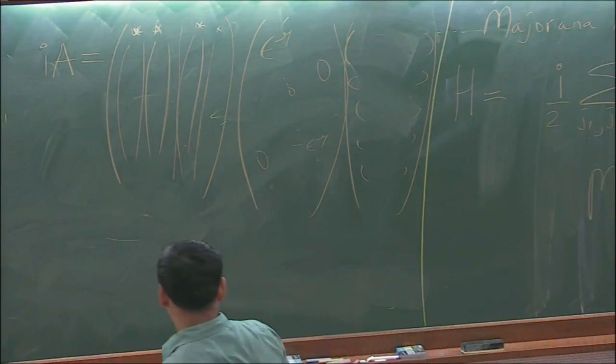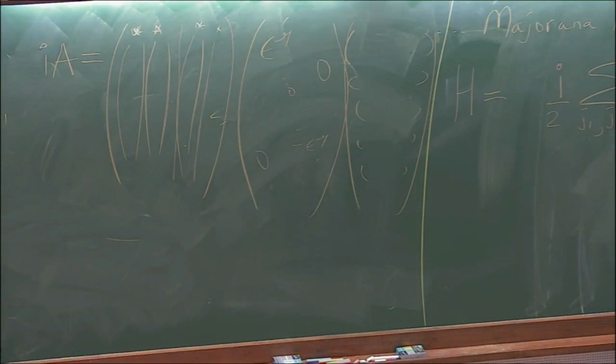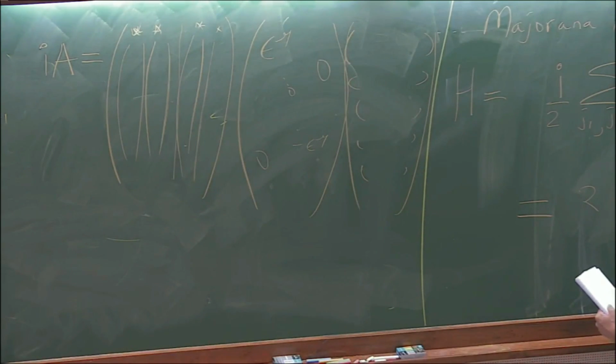So the last step is that rewriting A like that allows you to write this Hamiltonian as 2 times the sum over mu of F dagger mu F mu minus half.